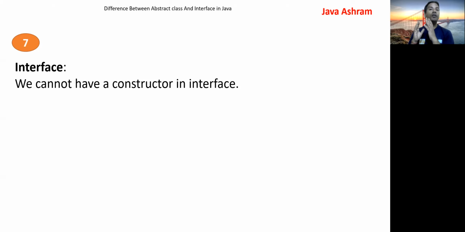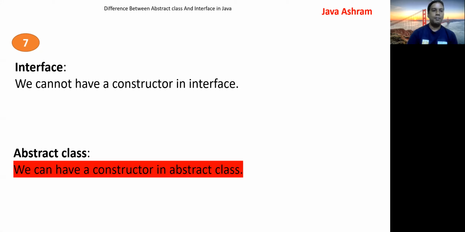That's why Java has not allowed us to create a constructor inside an interface. But in the case of an abstract class, you are allowed to create a constructor. This is another most important question asked in interviews. This is a separate topic, maybe I will take it in a separate video. But at this point, you should know we can have a constructor inside an abstract class.